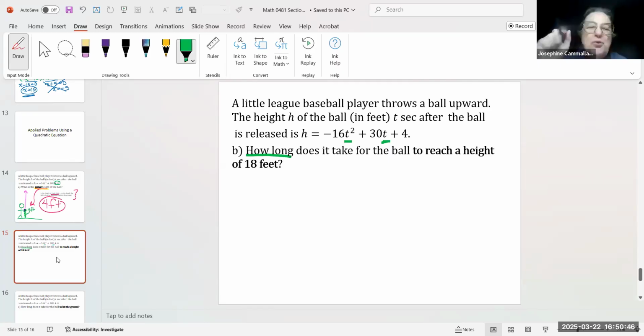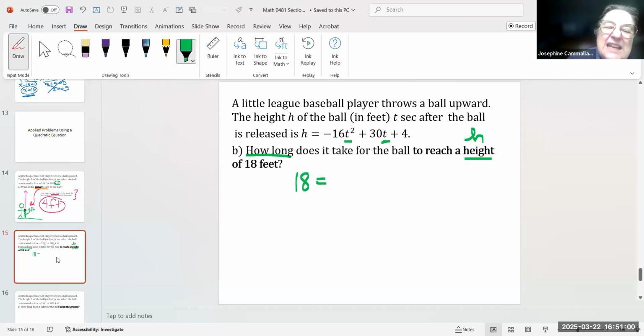To take for the ball to reach a height. That's h of 18 feet. That means in this equation, I'm writing 18 equals negative 16t squared plus 30t plus 4.